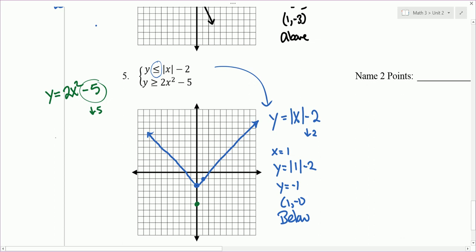Then let's plug in a point, maybe x equals 1. And we get 2 times 1 minus 5, which is negative 3. So that gives us the second point at (1, negative 3). Solid graph. Something like that. And then we want to shade above.